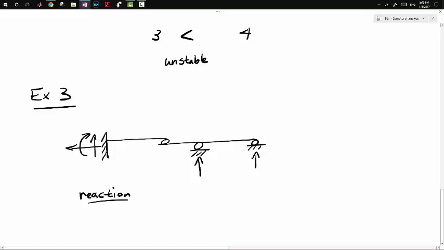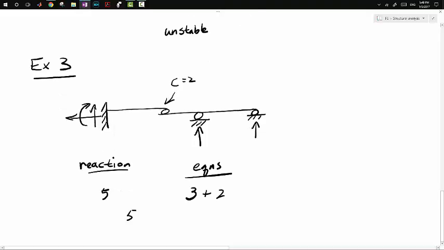So if we count those up, we have 1, 2, 3, 4, 5 reactions. And if we count our equations, we have our 3 plus, this is an internal roller, so that counts as C equals 2. So our C there is 2.